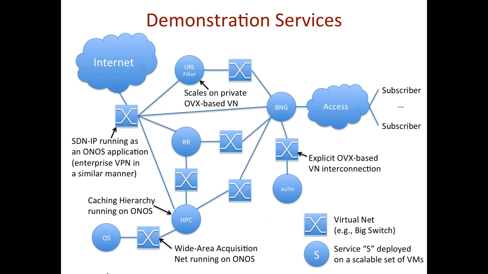And finally, HPC is an example of a richer topology for the virtual network than just a big switch. This would actually be a caching hierarchy, again, talking to instances of that service that live elsewhere. So that's the software that we would hope to bring together. We have pretty much all of these pieces, but we've not actually brought them together in a comprehensive proof of concept.